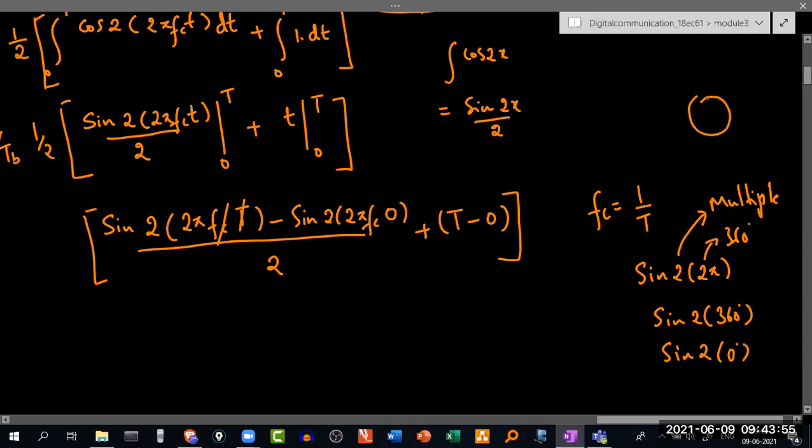Because if I imagine this, this is 0, this is 90 degree, this is 180, this is 270, and again 360 degree. So 360 degree and 0 are one and the same, and sine 0 is equal to 0. So here this first term is straight away equal to 0, and sine 0 degree is again 0 over here.